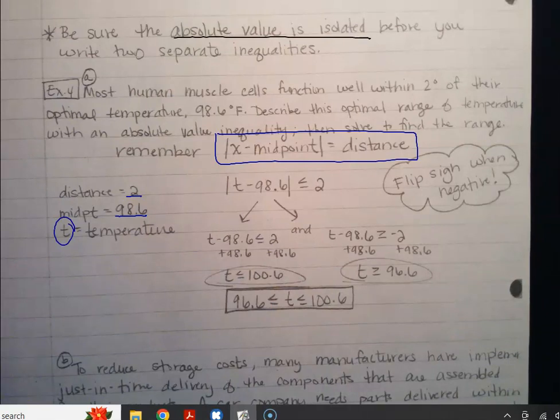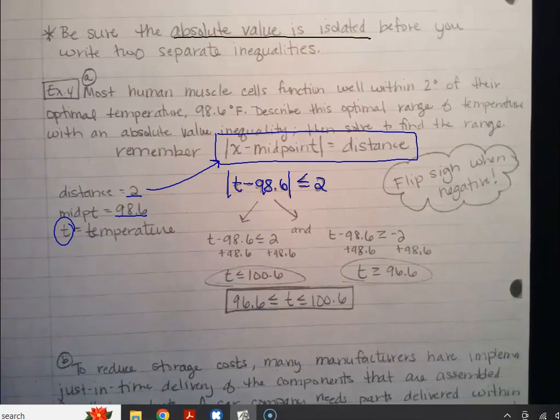I put those numbers into this formula to get my equation. So it was the absolute value of my temperature, that's the thing I'm looking at, minus the midpoint, that 98.6 degrees is the ideal, is less than or equal to 2 degrees. Why did I choose less than?